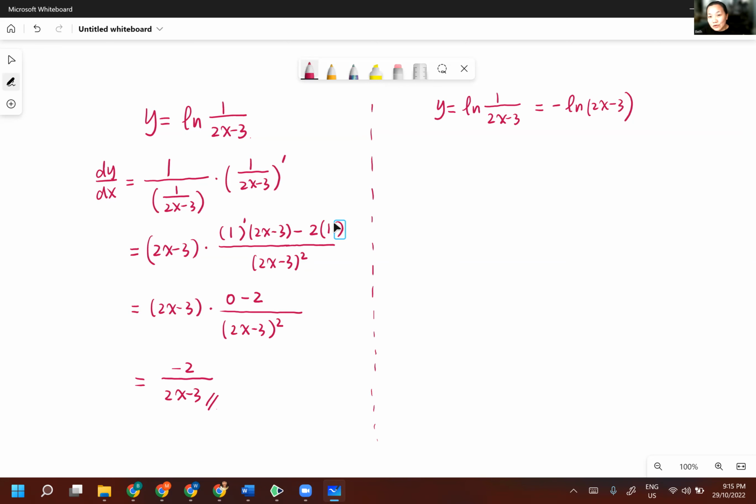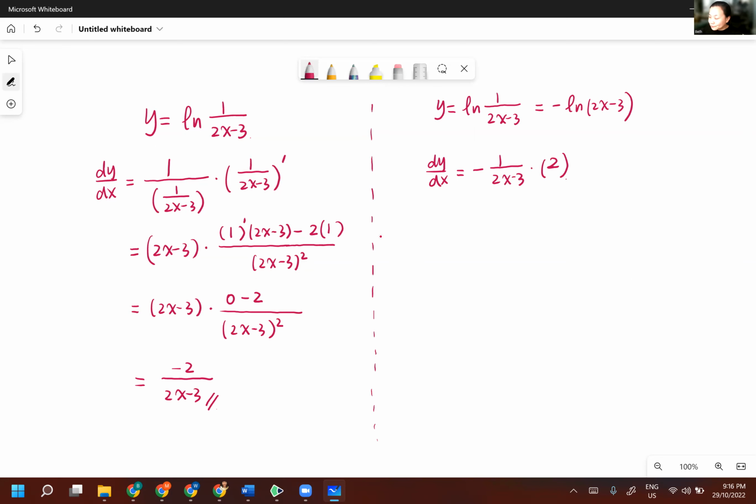You can simplify first. A lot of the time, if you want to do the differentiation quicker, you can change the original function a little bit, and then you differentiate. Now you differentiate: dy dx is negative dy du, and then du dx. And then you get the same answer.